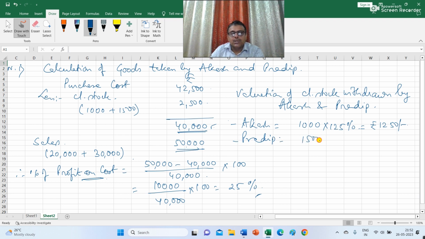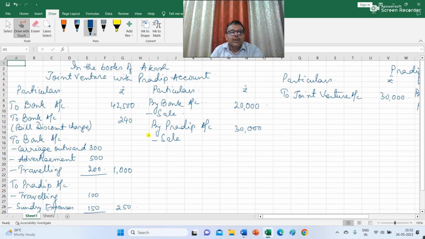For Pradeep, the cost price was 1500. Now you multiply with 125%, you will get rupees 1875. So value of the goods that was withdrawn by Pradeep was rupees 1875. So you have to record the value of the goods that was taken by Akash and Pradeep in the joint venture account. The value of the goods taken by Akash, I have to write here as by Akash account.